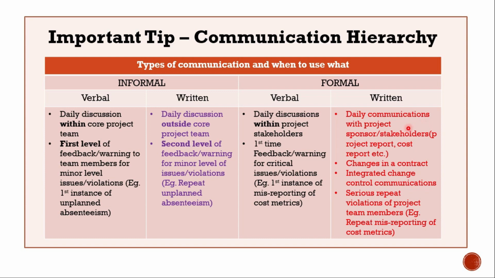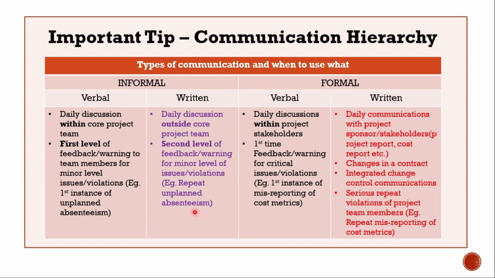There is another example of how the communication channel moves from an informal to a formal way. Let's say the first level of feedback or warning to team members is for minor issues or violations. For example, there is a first instance of unplanned absenteeism with one of your team members. Generally at that point, you will convey to him informally that this is not okay, right?